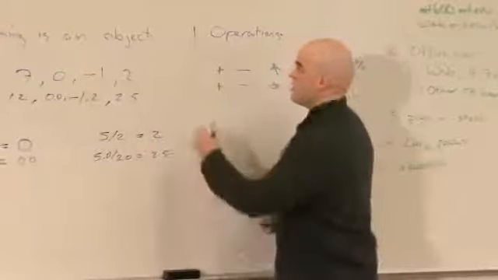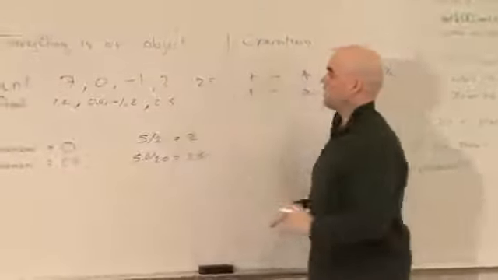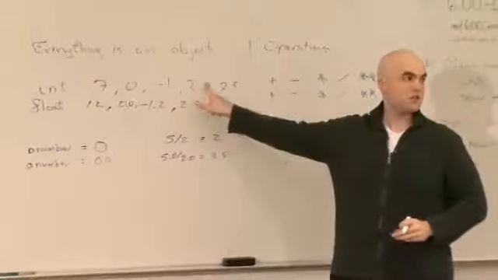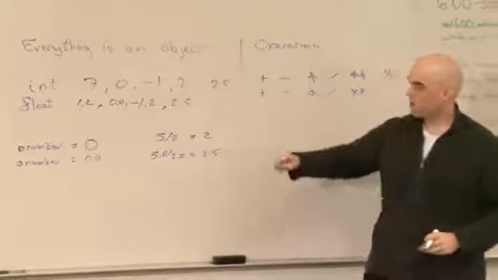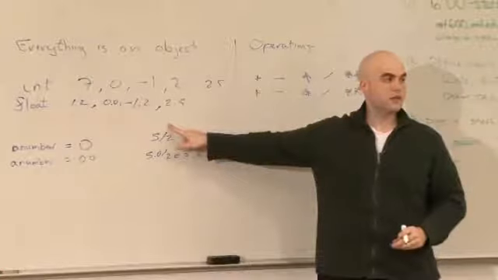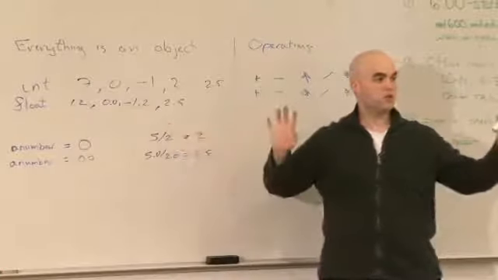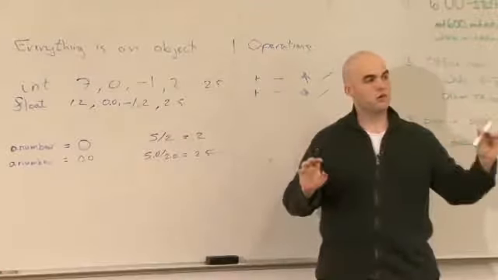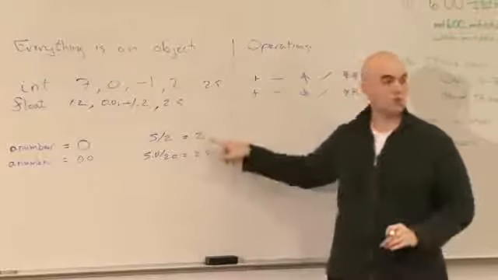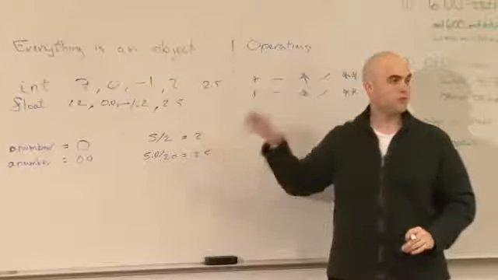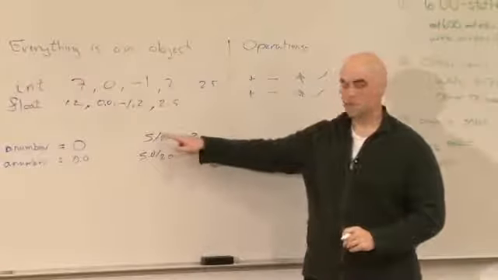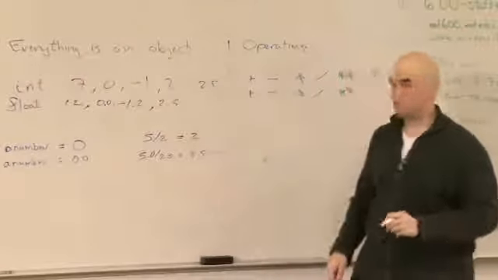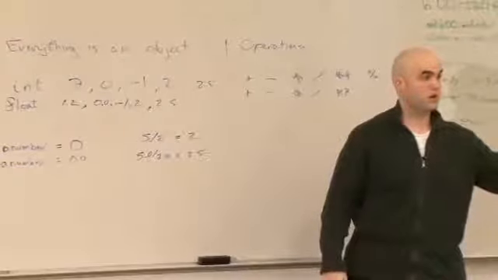So 2.5 as an integer doesn't exist. It only exists as a float. But when you have an operand like this that takes 2 numbers on both sides, if both numbers are integers, this produces a result that is an integer. So when you have these math operators, these produce a result, right?